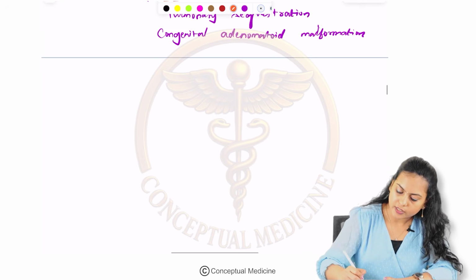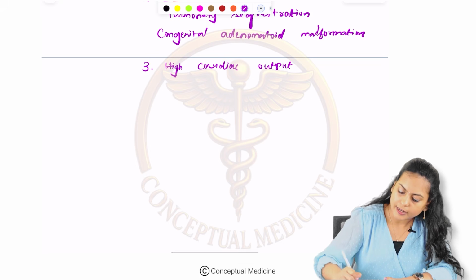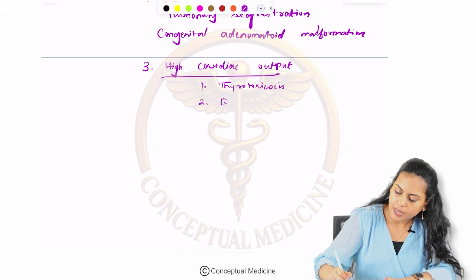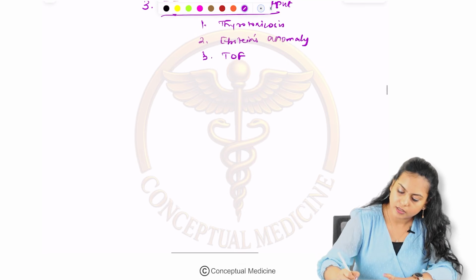Third set of conditions include high cardiac output conditions like thyrotoxicosis, Ebstein's anomaly, then tetralogy of Fallot.